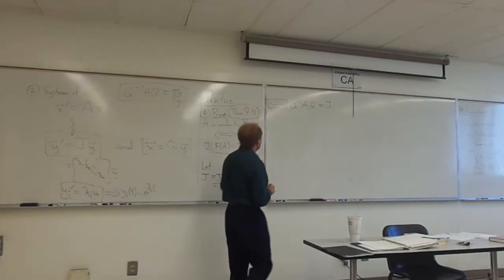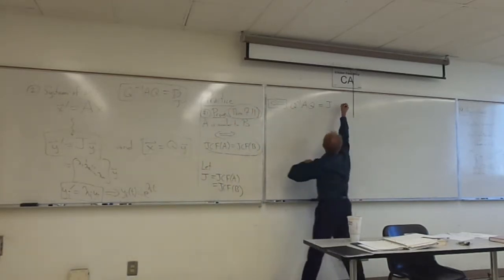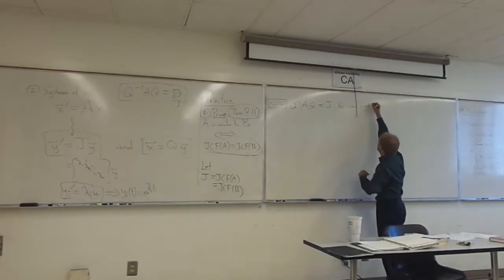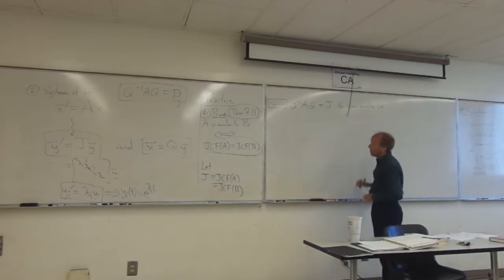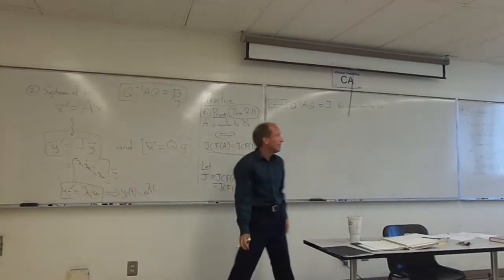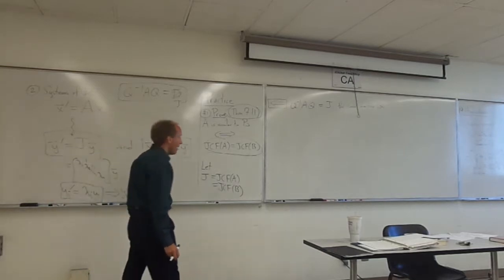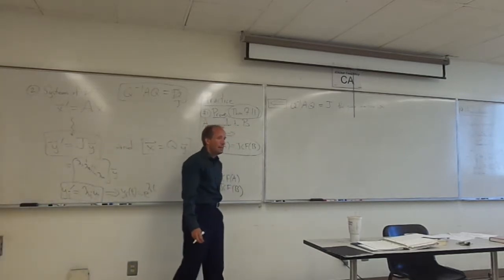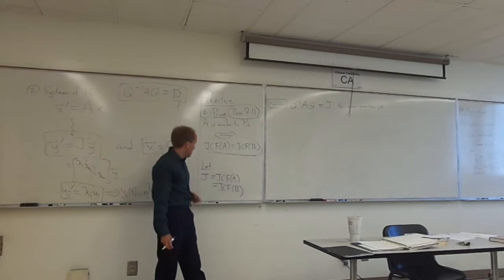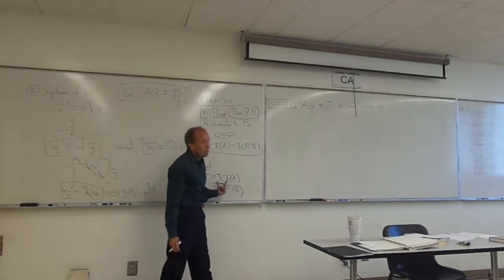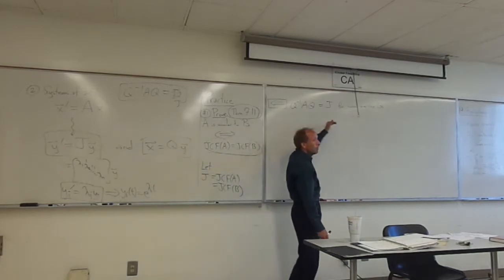So basically, this is for some invertible Q. All right? So we know that. What else do we know already? The Jordan canonical form of B is also J, so what would the equation for B look like?